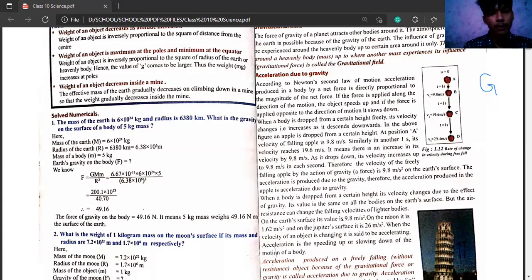Class 10. What is the formula to find the acceleration of a body? V minus U upon T. Okay, V minus U upon T. Okay, from A to B, right? That we are talking about A to B.